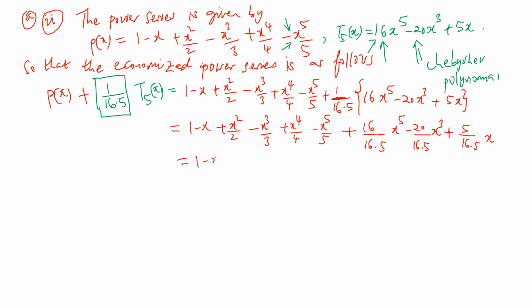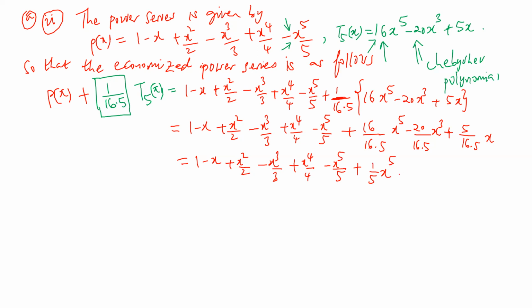Let's simplify 1 minus x plus x squared over 2 minus x cubed over 3 plus x to the 4th power over 4 minus x to the 5th power over 5. Okay, 16 cancels, leaving us with 1/5 x to the 5th power.